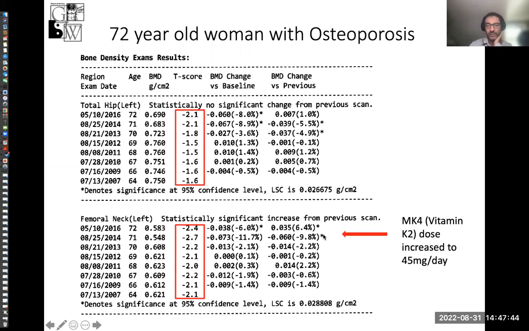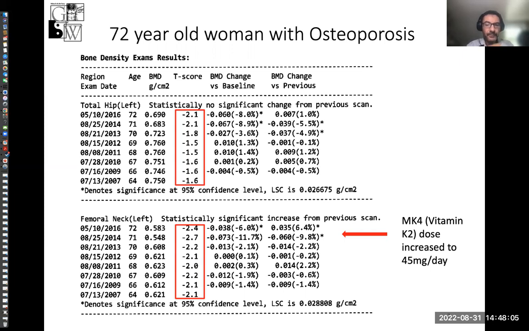The reason I like to use MK4 is because over 10 years ago, there was a series of very good studies, most of them actually not in the US, showing pretty significant impacts of this product.